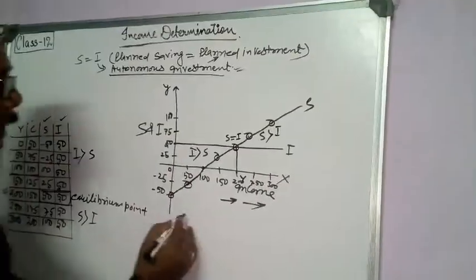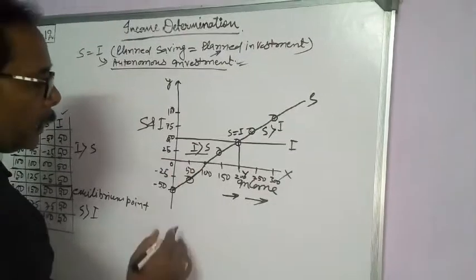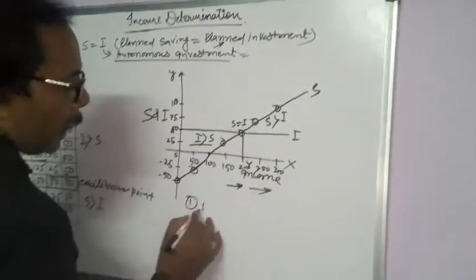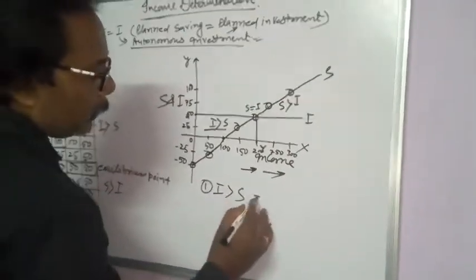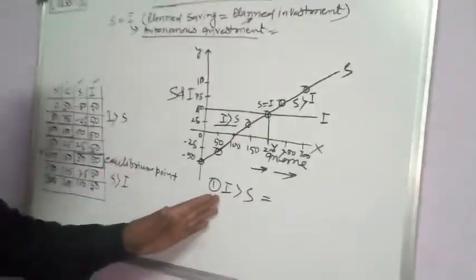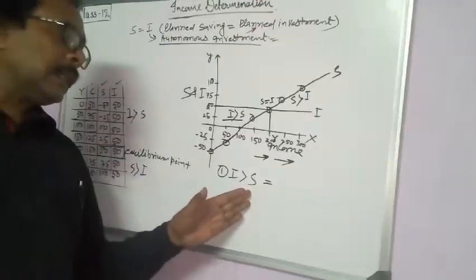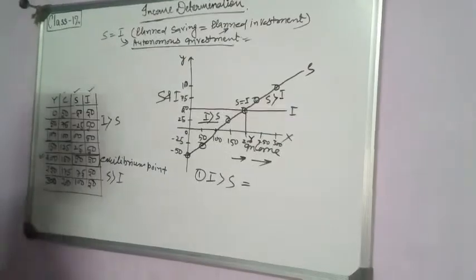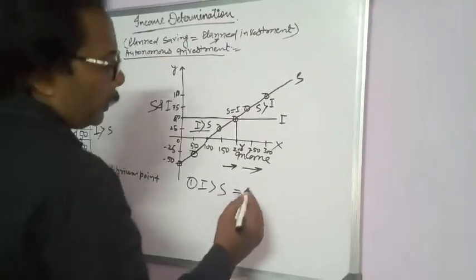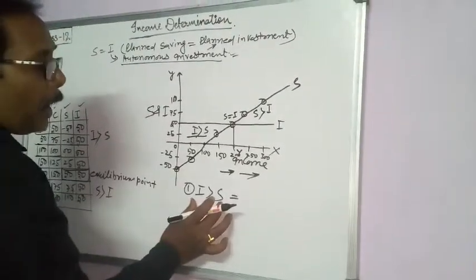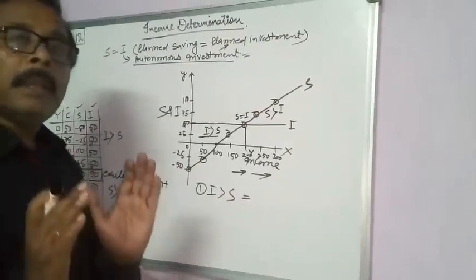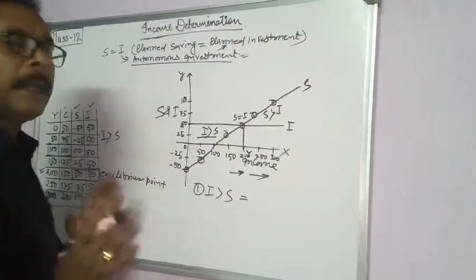So the first condition, I am going to take this one first: I is greater than S. Clear? So investment is more and saving is less. What does it indicate? It indicates that people are ready to save a smaller amount of their income.